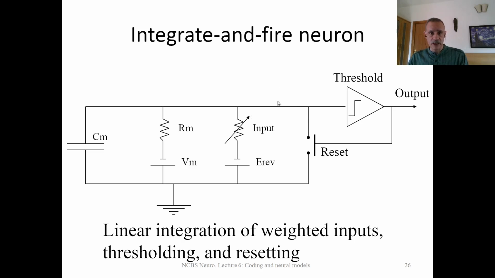This is standard biophysics. And then we add one more element, which is a thresholding operation, which does two things. The thresholding operation sends an action potential. So basically, every time the membrane potential crosses the threshold, it sends out an action potential. And the instant it sends out an action potential, it puts in a reset trigger.